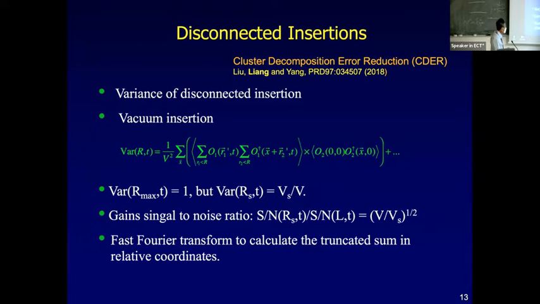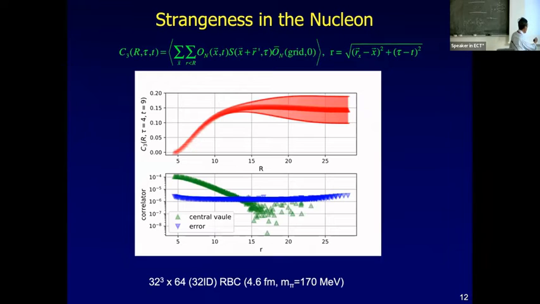However, as we said, the signal should decay exponentially, right? So there's no point in going over a much longer distance. The signal is already falling off, right? So when you keep on adding this, you're adding noise and no more signal. Here, the signal is saturated. You're adding noise, no more signal.